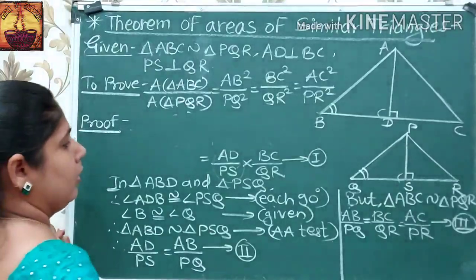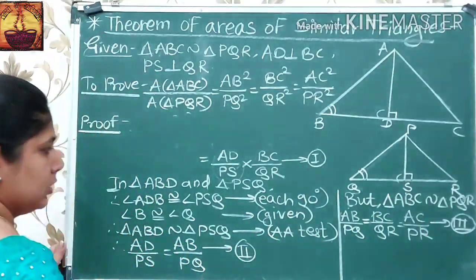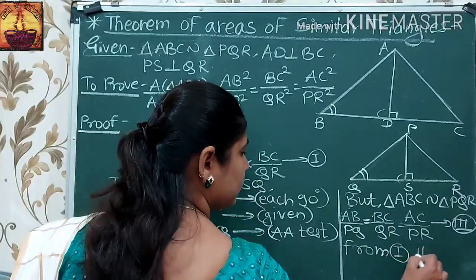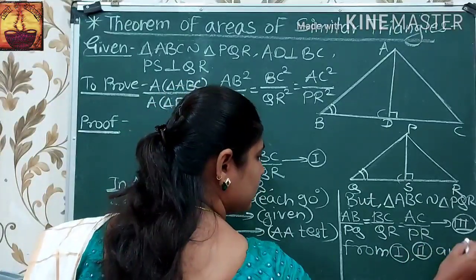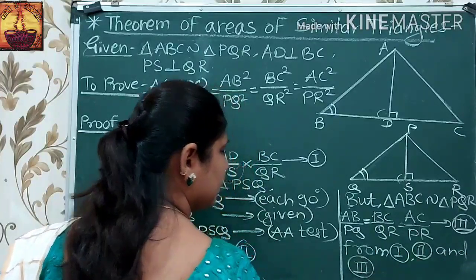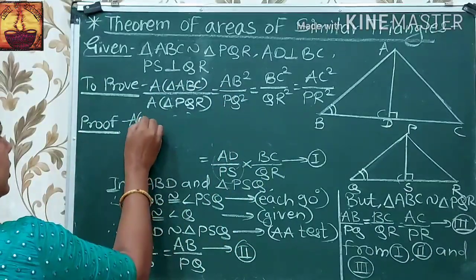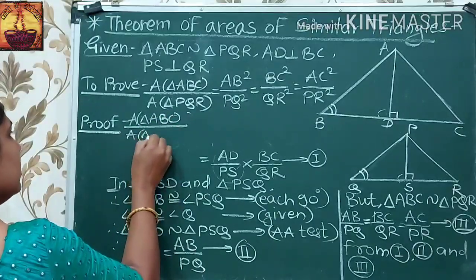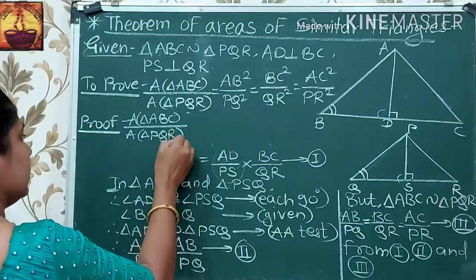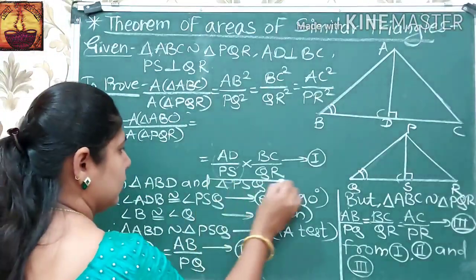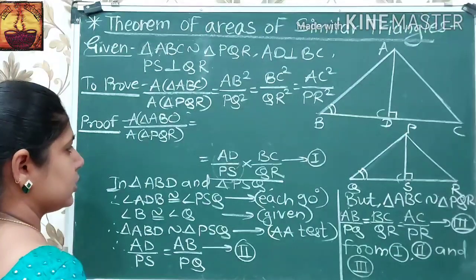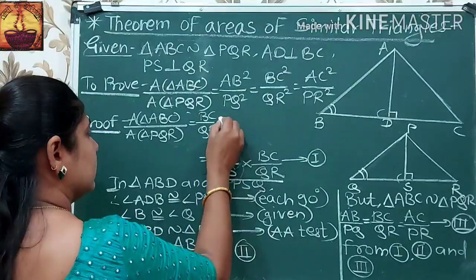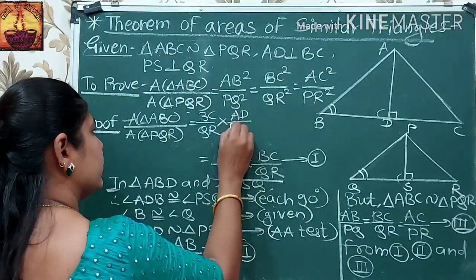Now, from 1, 2 and 3, we have area of triangle ABC upon area of triangle PQR is equal to, in 1, these two ratios in multiplication: BC upon QR into AD upon PS.